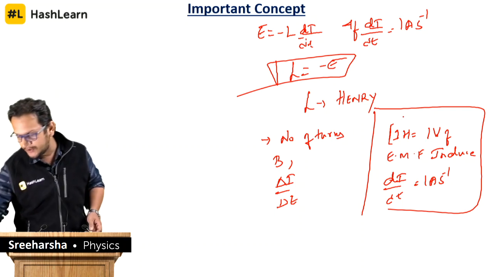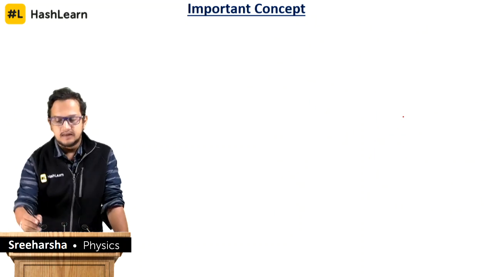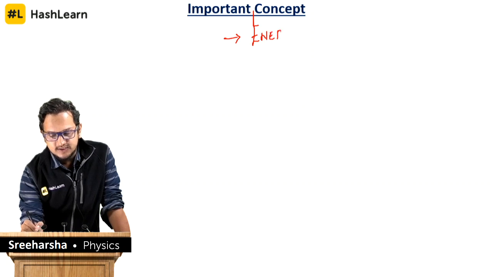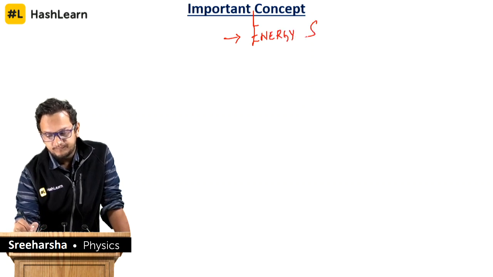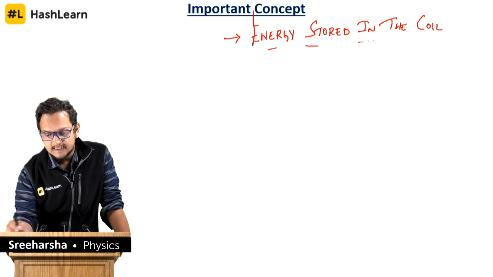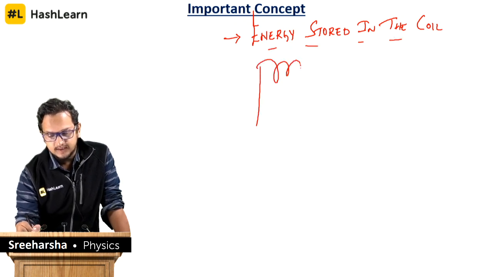Now the next concept is the energy stored in the coil. Let us assume you have a coil with N number of turns connected to a battery.